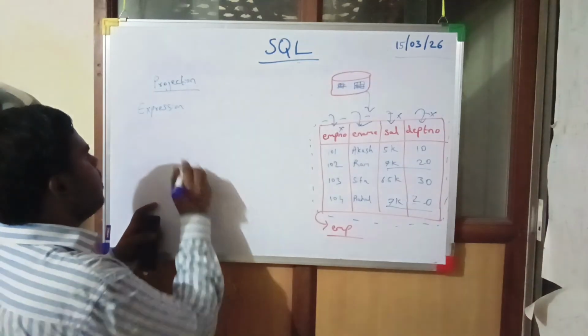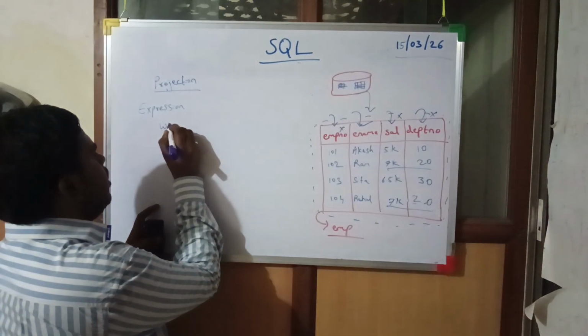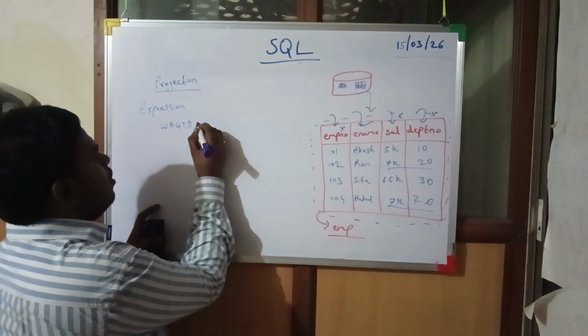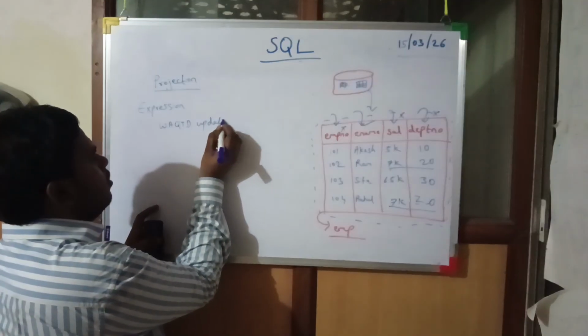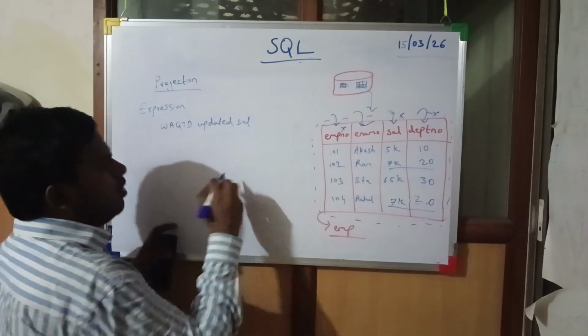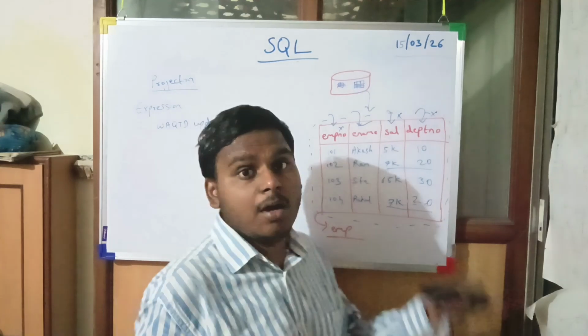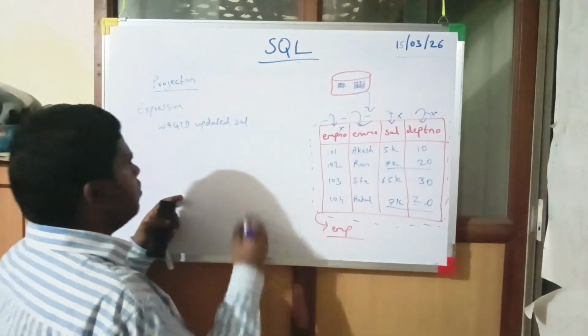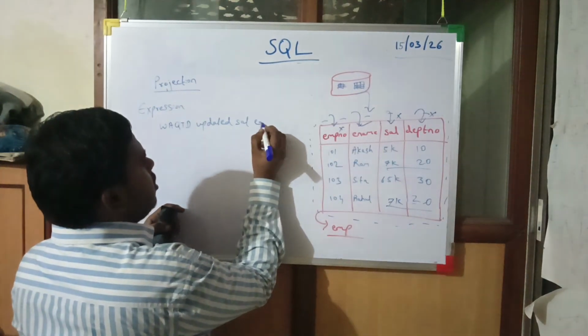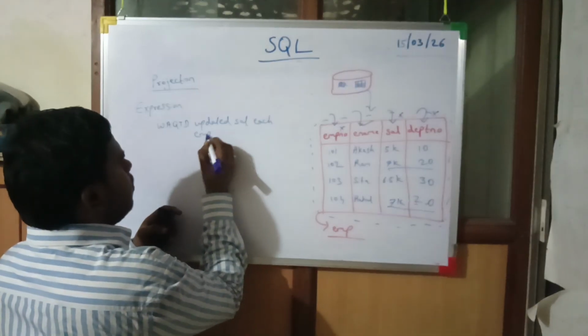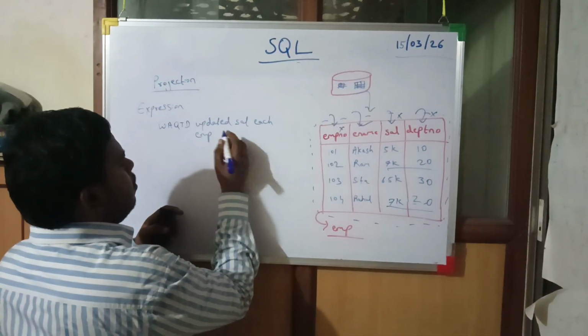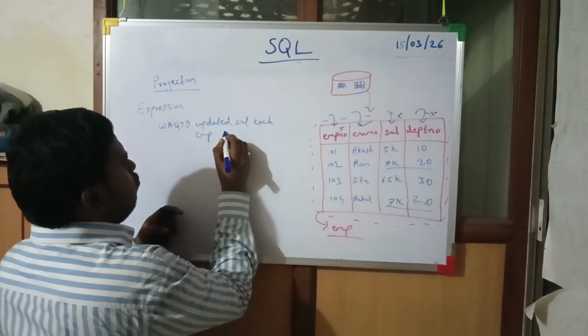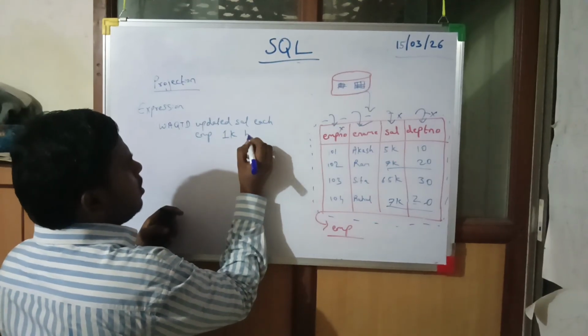Let's say I give: write a query to display the updated salary. I want to just display the updated salary. I don't want to update the salary. Each employee, let's say, 1k bonus.